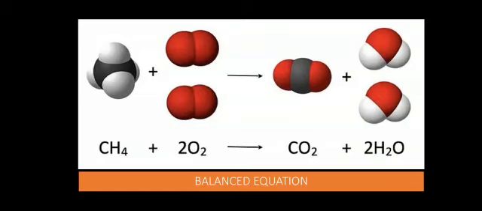So, we can give C is 1. 1 CO2 means CO2 plus D is equal to 2 we learned. D we gave for H2O. So 2H2O. Now this is balanced. So what is the balanced equation? CH4 plus 2O2 gives CO2 plus 2H2O.